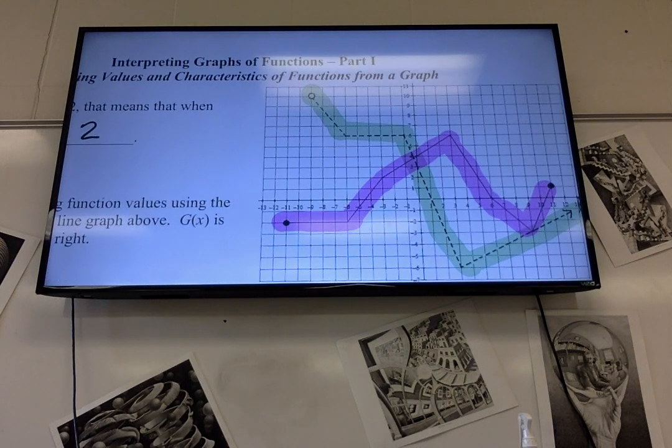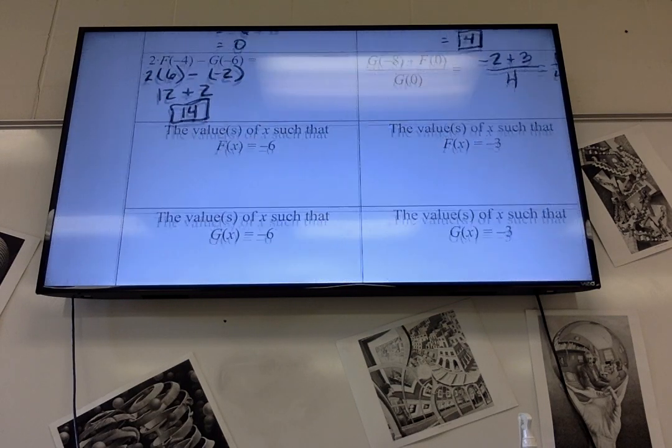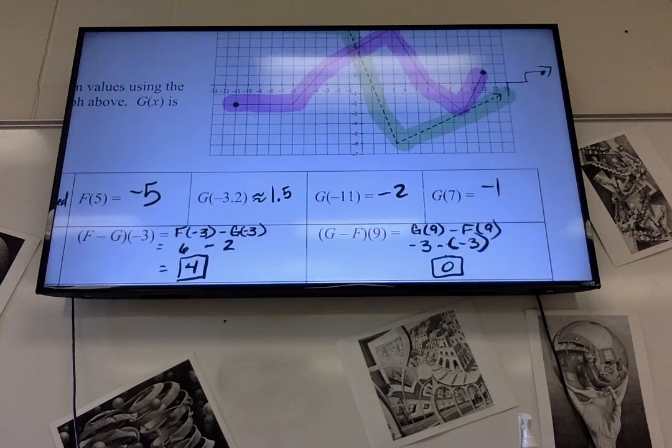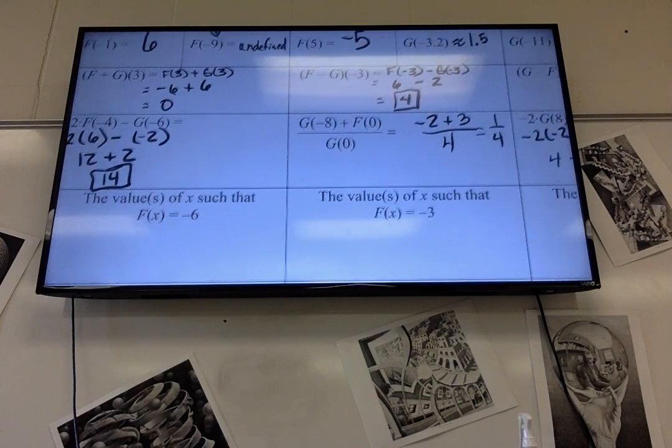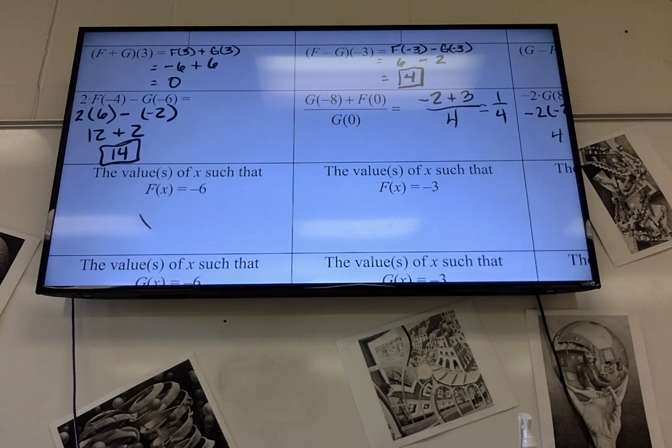So that's where y is -6. So that's down here. -6 corresponds to this point, and that's it. That's the only point on the green graph that corresponds to y being -6. And x at that point is 3. So that should be 3.